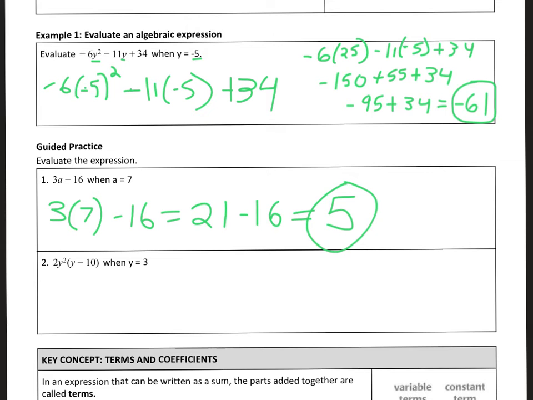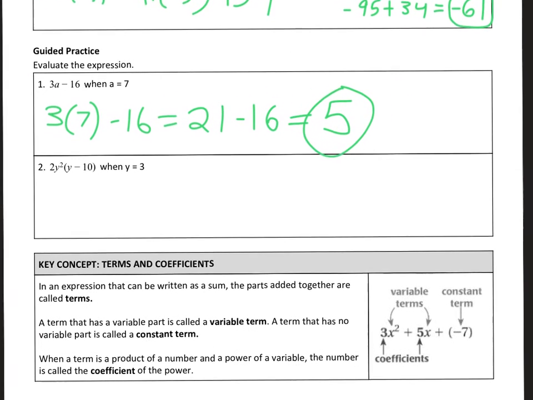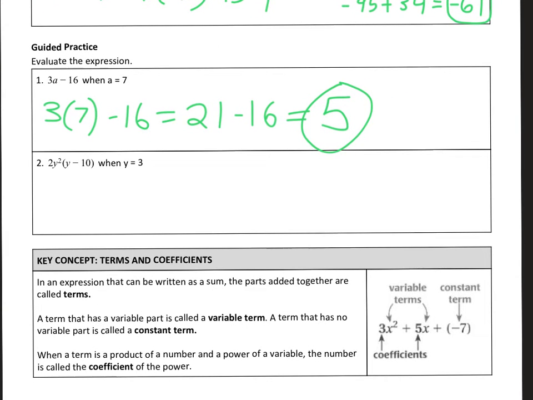Okay, next guided practice problem. Evaluating this expression when y is equal to 3. So I'm substituting both y's out here, and this is 2 times 3 squared times 3 minus 10, okay?